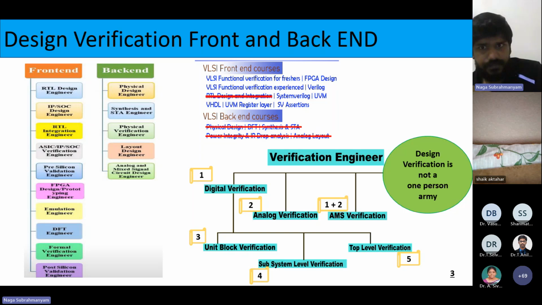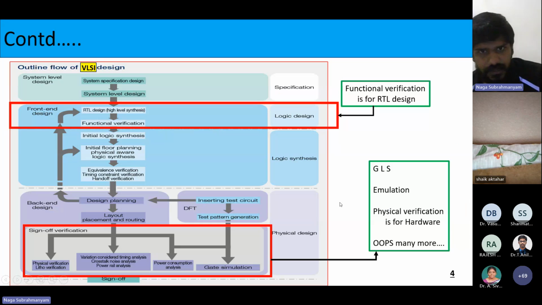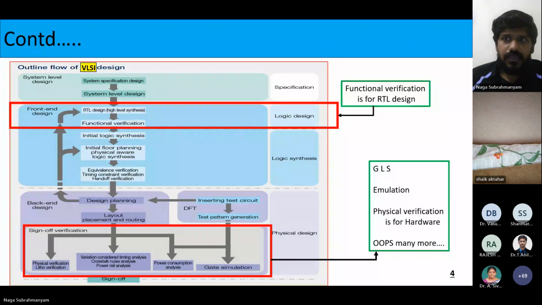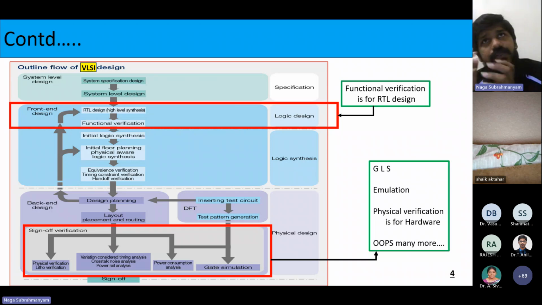Okay, see, whatever verification we are doing is of several types, but on a lighter note, we can call it functional verification.